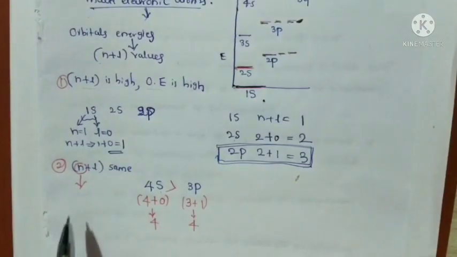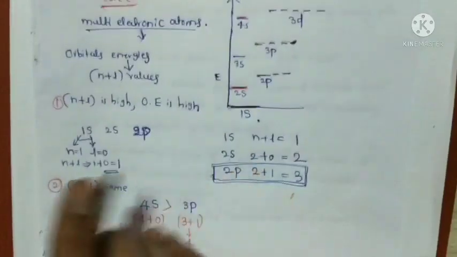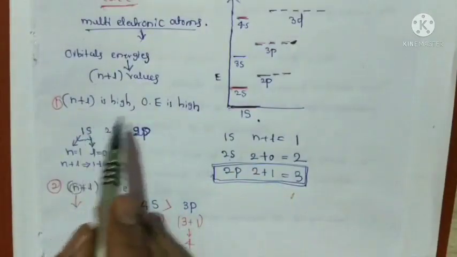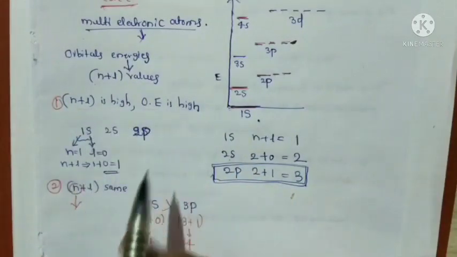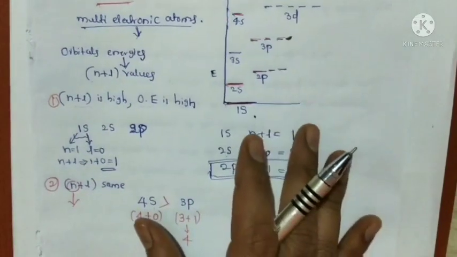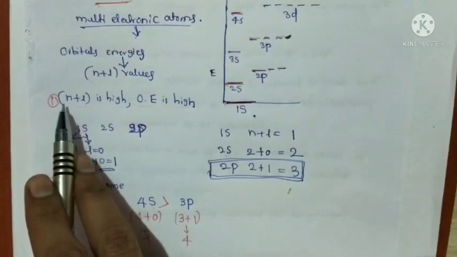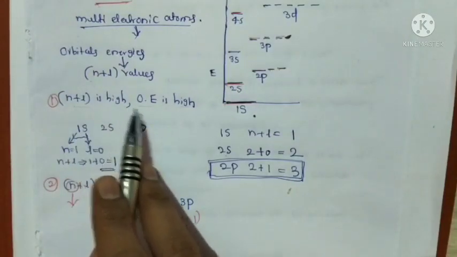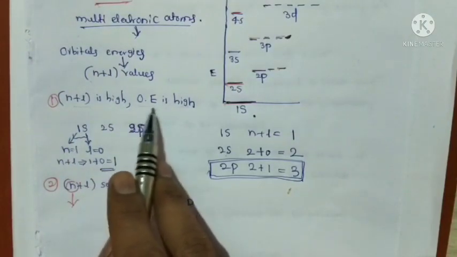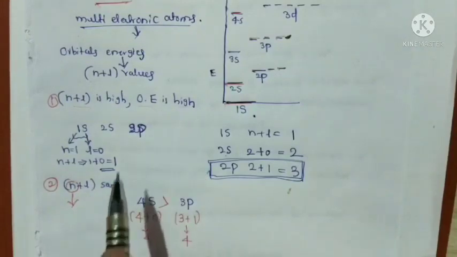Whenever it is a multi-electron system, the orbital energies depend upon two values: the principal quantum number and the azimuthal quantum number. And if the n plus L value is high, that orbital's energy is high.